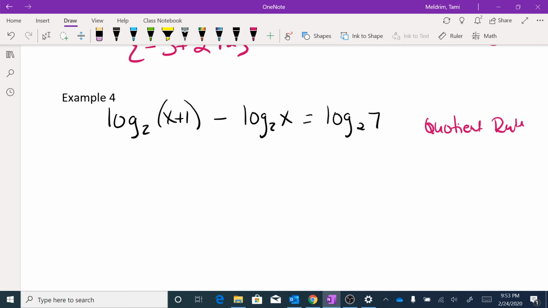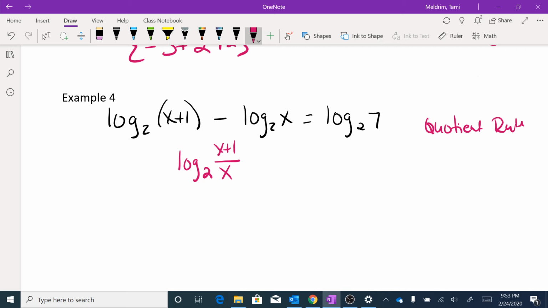If I use my quotient rule, I have the log base 2 of my numerator over my denominator. That's what that minus sign means. Okay, and that's going to equal the log base 2 of 7. Now I have the log on each side.